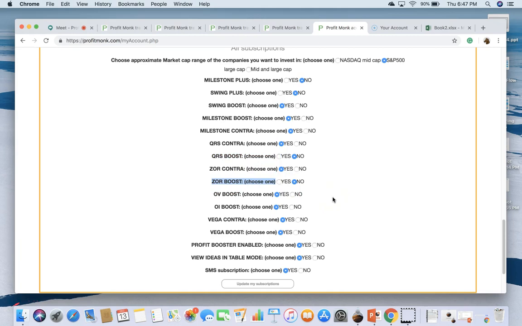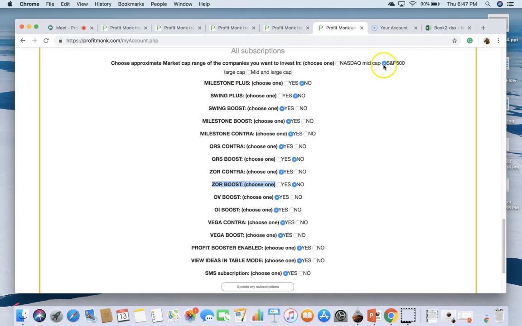So these are the four strategies not used, everything else is used. And the other thing, it's only looking at S&P 500. The mid cap stocks are not being considered for this particular combination.